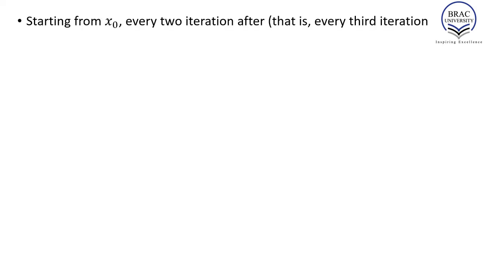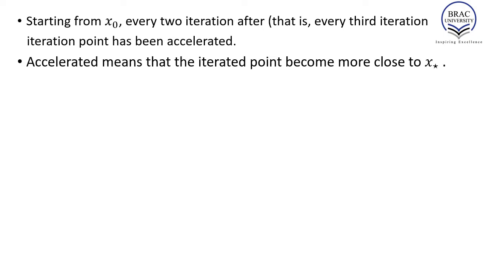Now, starting from x0, every two iterations after that, meaning every third iteration point, we have an accelerated value. Accelerated means that the iterated point becomes closer to the root, or x star.